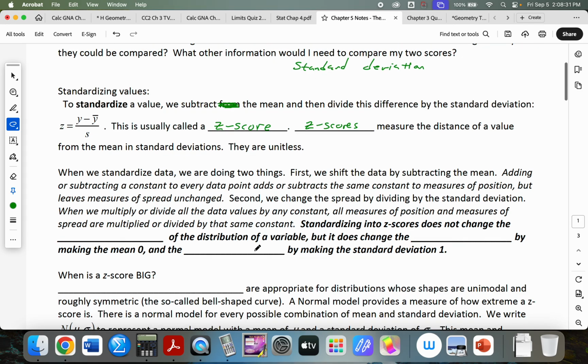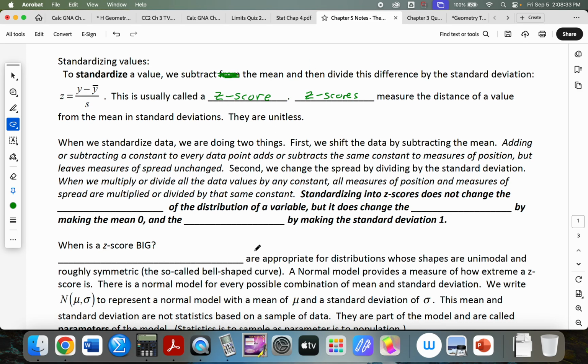So standardizing into z-scores does not change the shape of the distribution. But it does change the center by making the mean 0 and the spread by making the standard deviation 1.